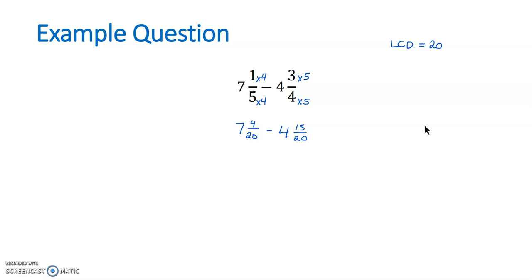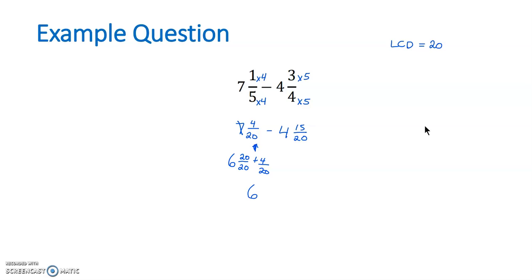So we're going to borrow from the 7, making that a 6, and the 1 that we took away is expressed as 20/20. So we learned this in lesson 4.5. With this lesson, with mixed numbers, we need to add an additional step, which is to add on the 4/20 above, because 6 20/20 is equal to 7, but remember there's a 4/20 there.